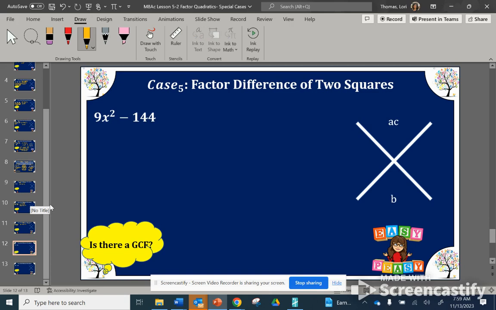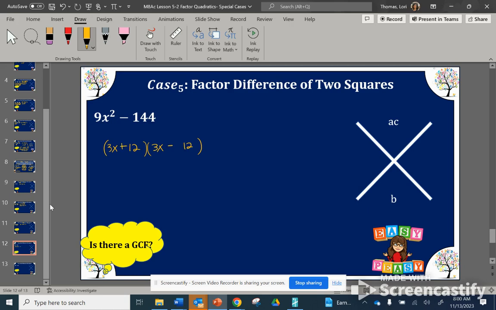Okay, 9x squared minus 144. So let's see if 9 can go into 144. These are both perfect squares, so if I didn't recognize that there's a GCF, let's see what happens. So I take the square root of 9x squared, break it down into the two factors, and then we have 12, one's plus and one's minus.